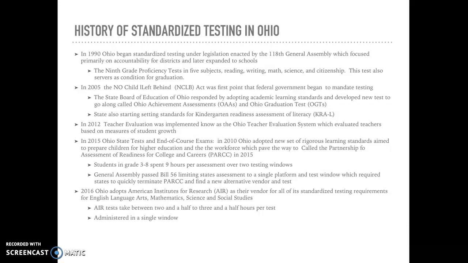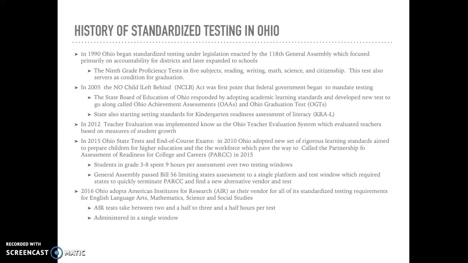Now, in 2005, the No Child Left Behind Act began to mandate testing under the federal government. So the State Board of Education of Ohio responded by adopting academic learning standards and developed new tests to go along, called the Ohio Achievement Assessments and the Ohio Graduation Test.